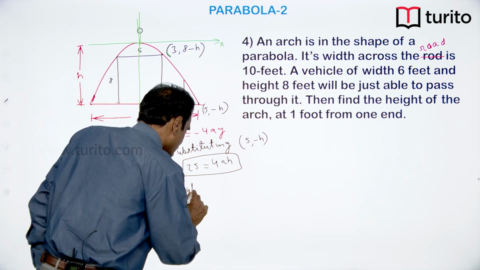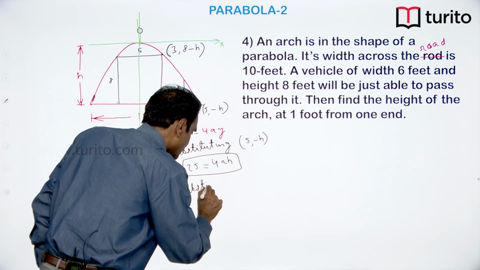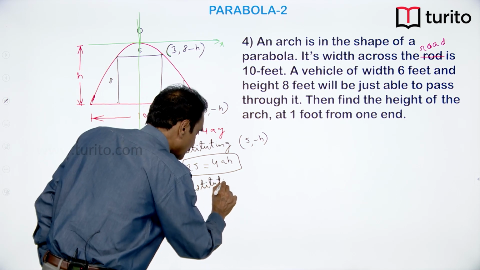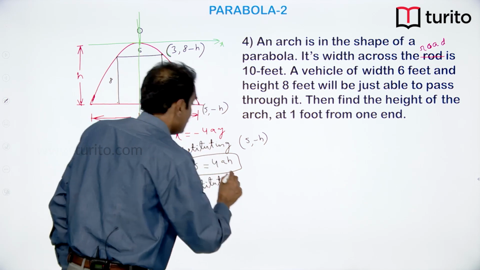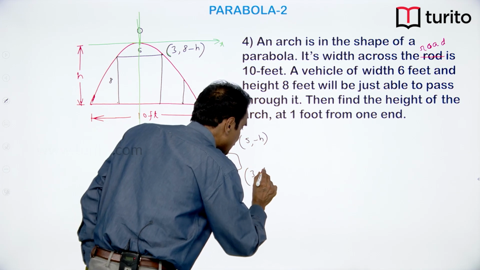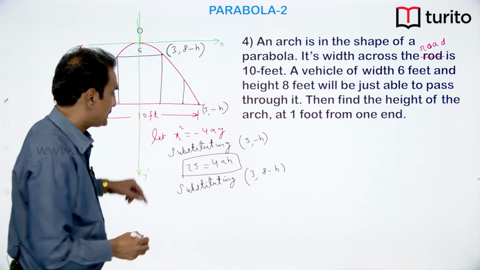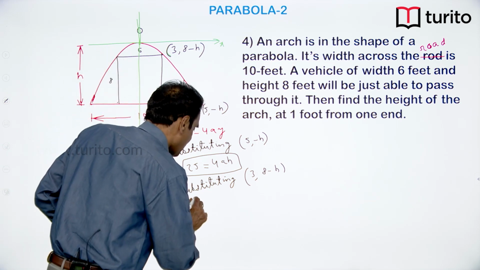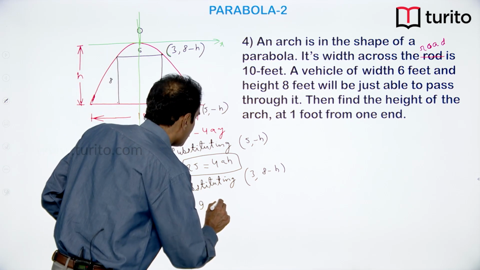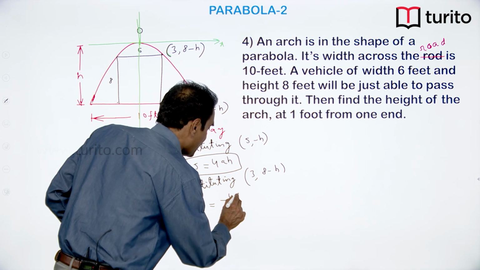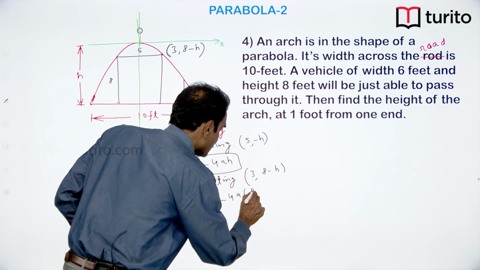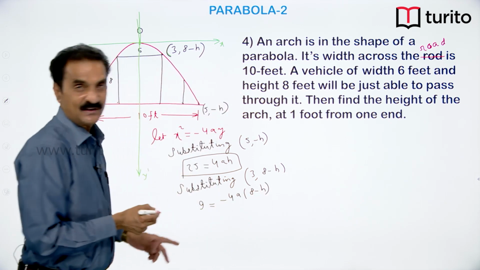Substituting (3, 8 minus h), you will get 3 square, 9, is equal to minus 4a into 8 minus h.